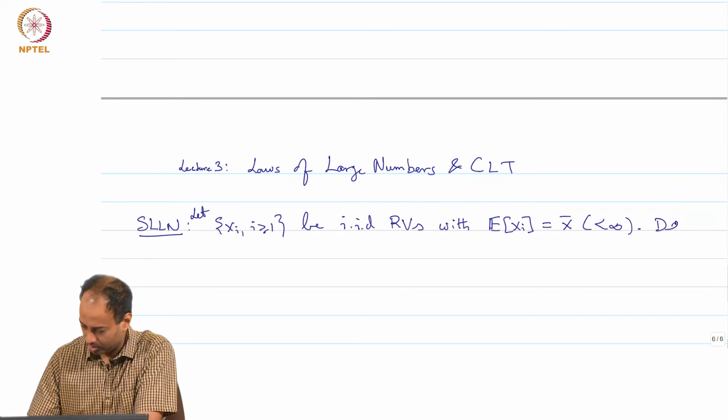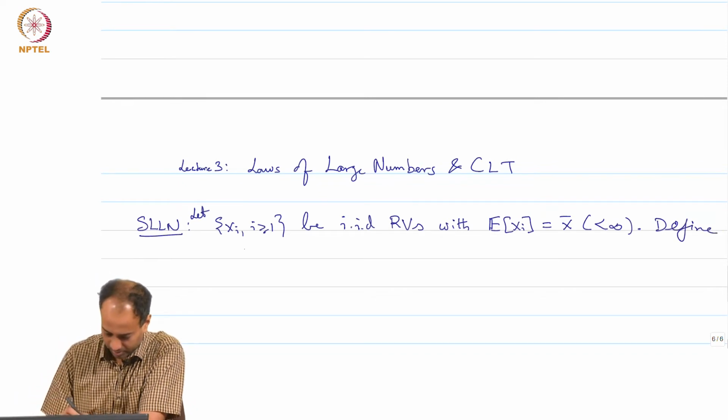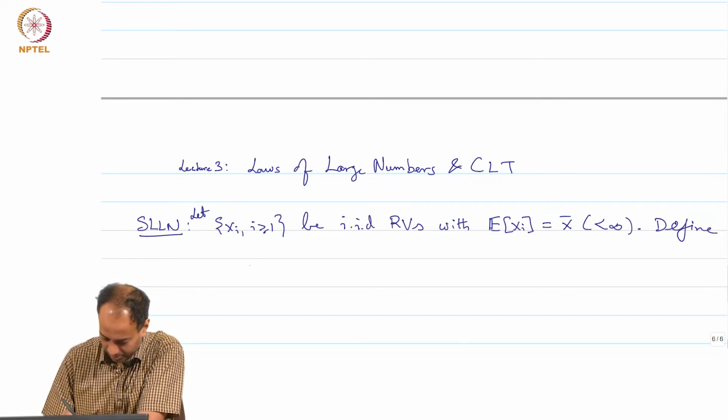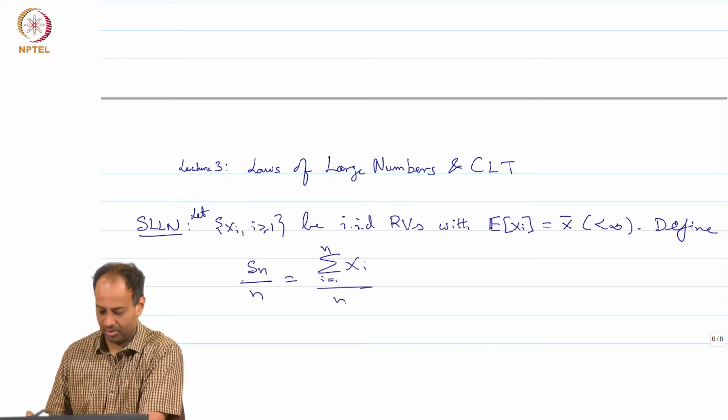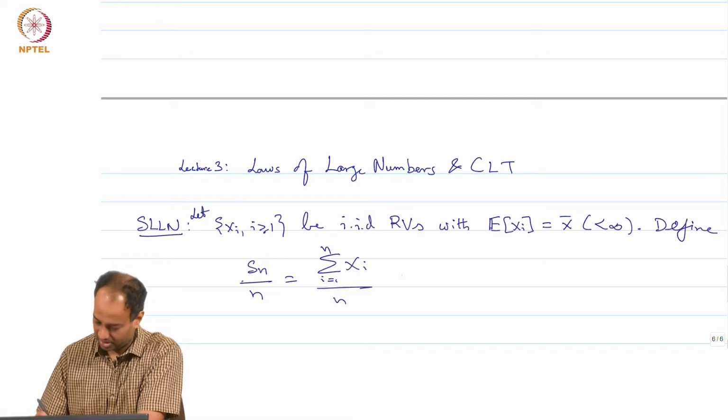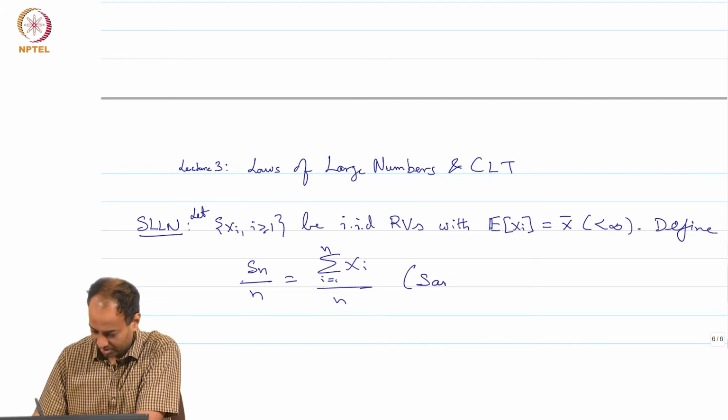Define the sample average Sn over n as the sum over Xi, i equal to 1 to n, over n. This is the sample average.